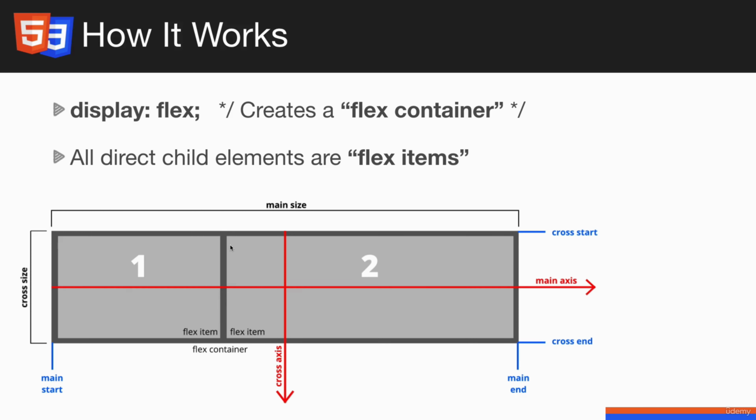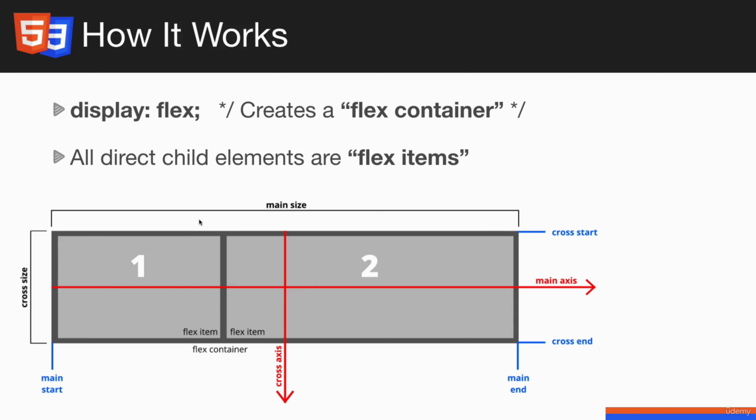Okay, so each div or list item, it could be any element at all. Each thing inside that flex container is going to be a flex item, and it's going to actually align horizontal in a row by default. So simply putting display flex is going to make all the child elements just automatically align horizontally. So basically like what floats do.